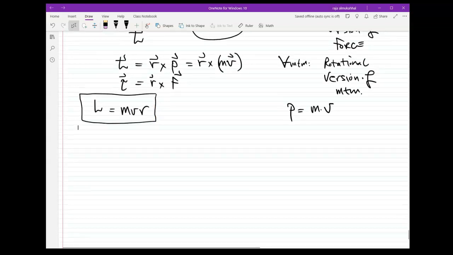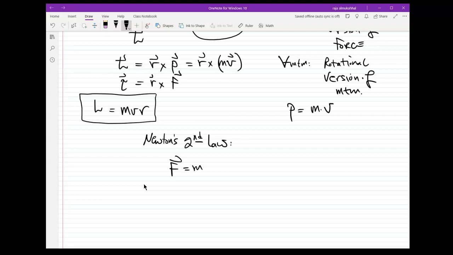One more thing about angular momentum before I start doing problems or give you more examples. Newton's second law, what does it say? F equals ma. And if you remember, I also told you it can be written as F equals dp dt, where P is the momentum, right? So I can write it this way, d dt of mv.